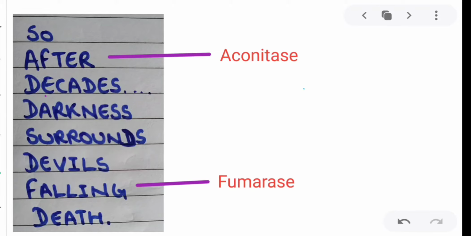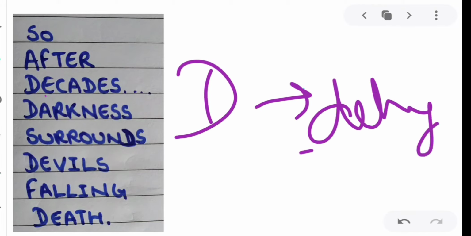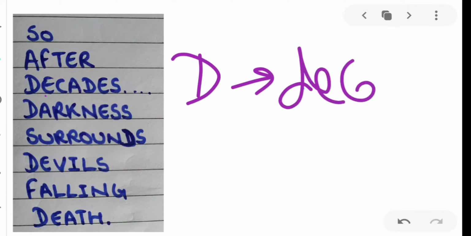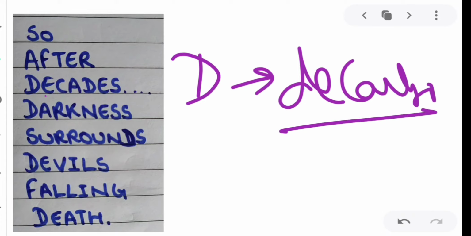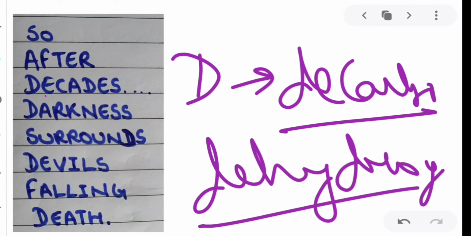Also, D can mean dehydrogenase, so D has two possibilities: decarboxylase or dehydrogenase. It depends on the reaction.